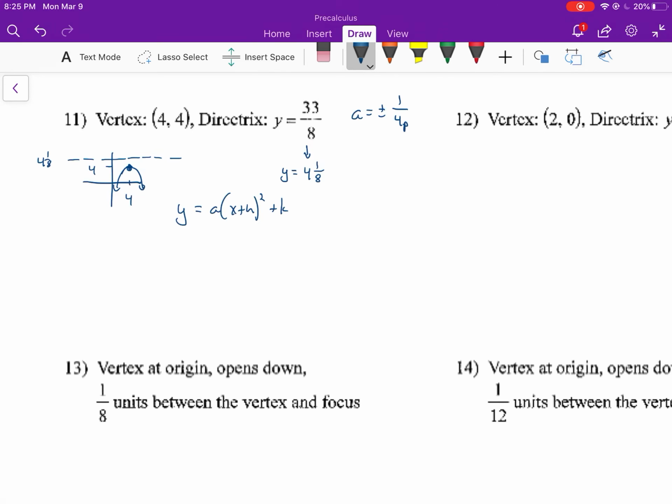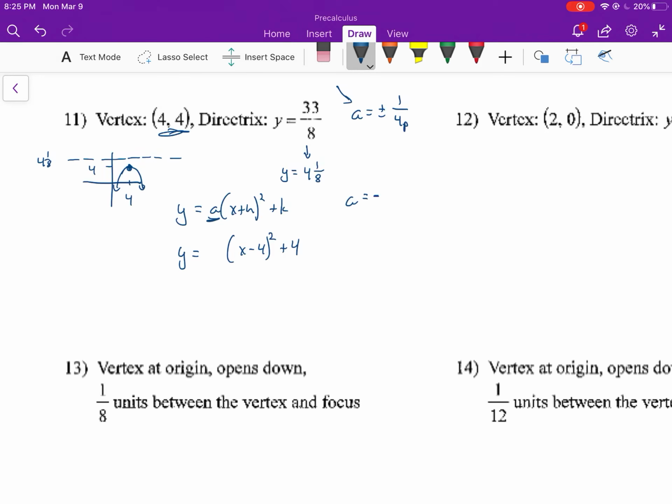We can easily fill in our vertex: (x minus 4) squared plus 4. We need the a value. We know a equals plus or minus 1 over 4p. In this case, is it plus or minus? It's got to be minus because it's opening downward.